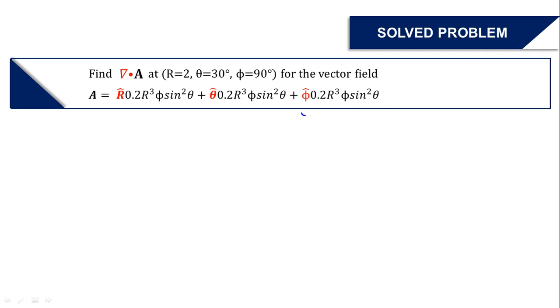Napakahaba, ano? So, sabi, pinapanap naman sa atin yung divergence ng A. So, direct formula lang yan. Pero dahil tayo ay nasa spherical, kailangan spherical din yung ating formula. Tama? So, ano ba yung formula natin sa spherical coordinates?